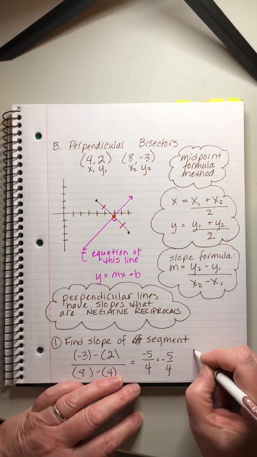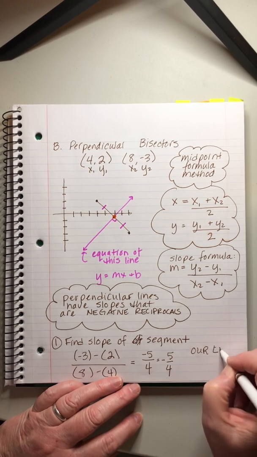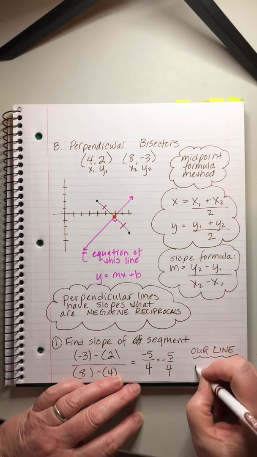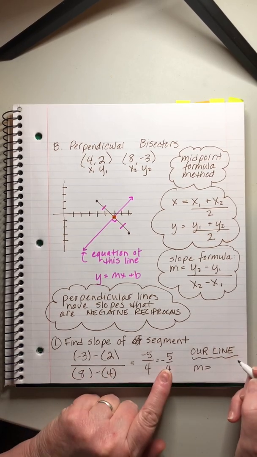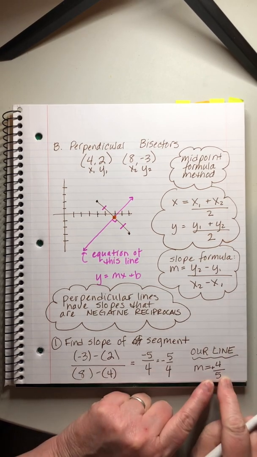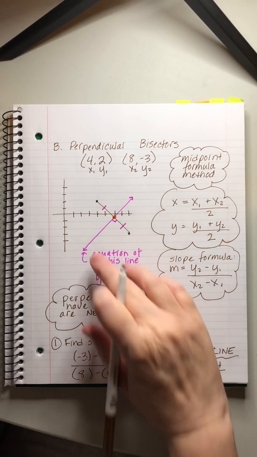So that means that our slope, or our line, m equals, we flip it and we take the opposite sign. So it's positive, I'll put the plus in. Our line has +4/5. Yay! That's really great news, right? We've got our slope for this line.